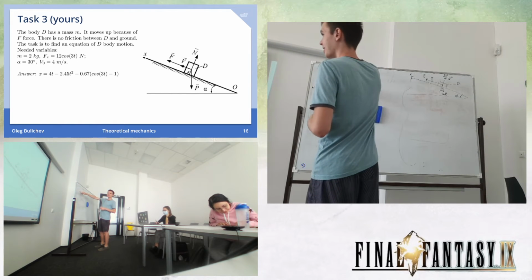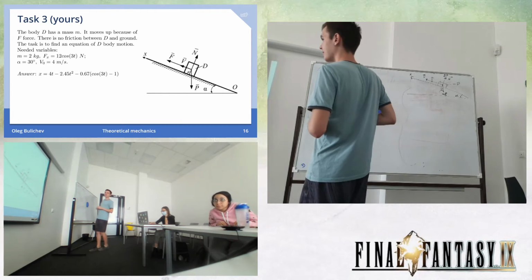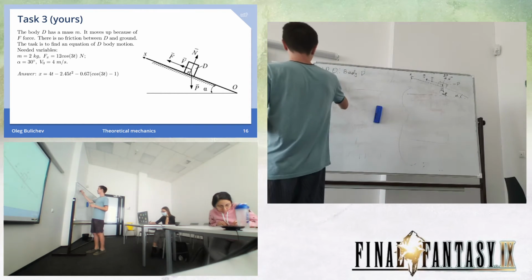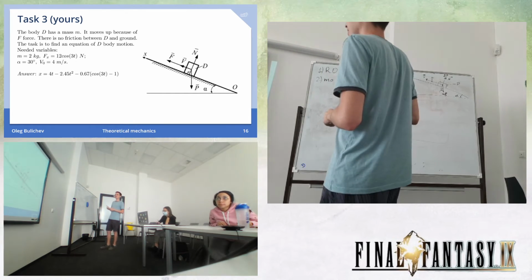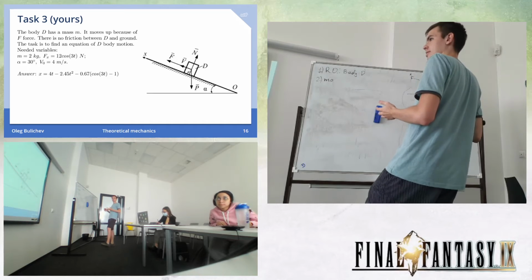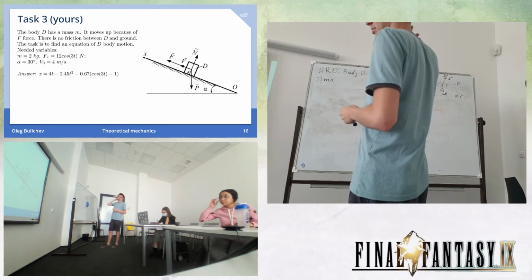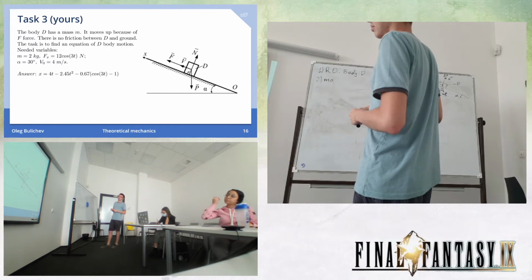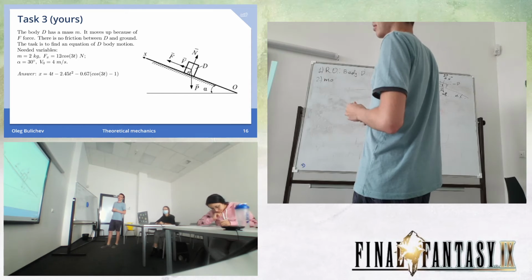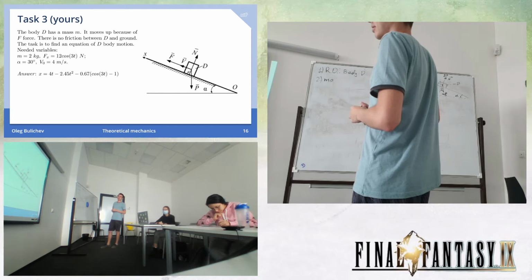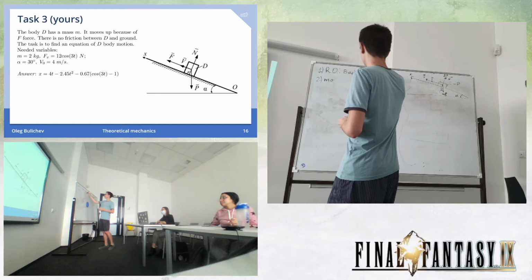So I read the research object. What is the next step? Describe motion. Do you want to talk about the body? Well, we can consider it as a particle, right? Because we don't care about the size, maybe. We don't have any sizes, we don't need them there. It's not given.